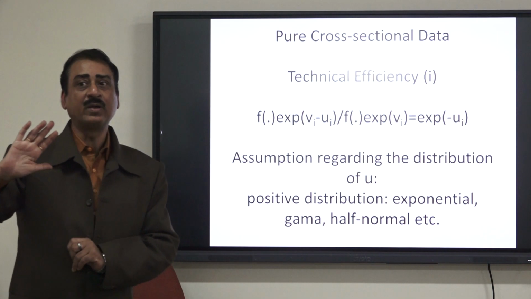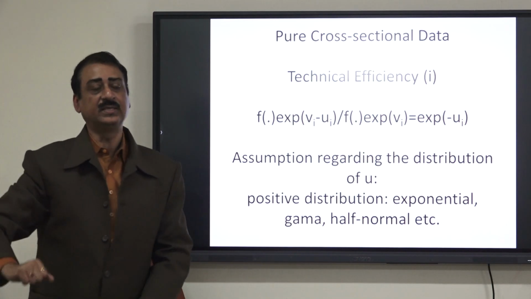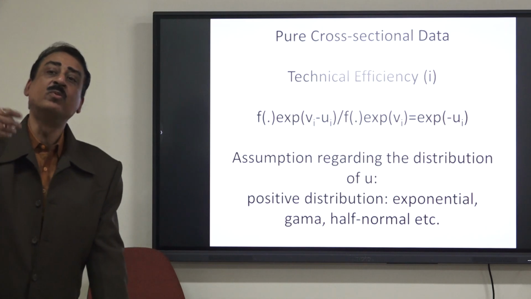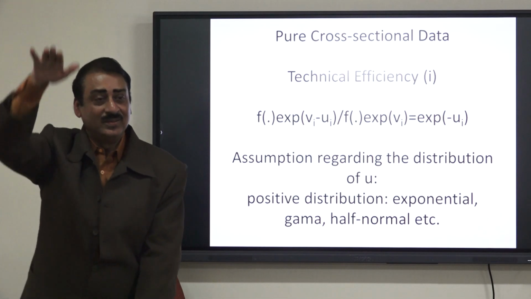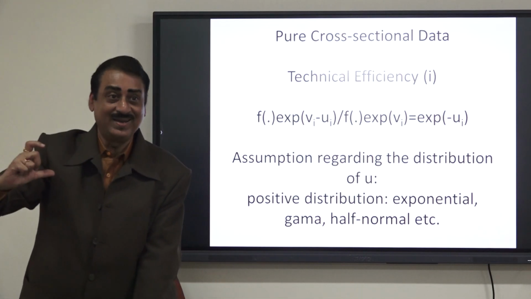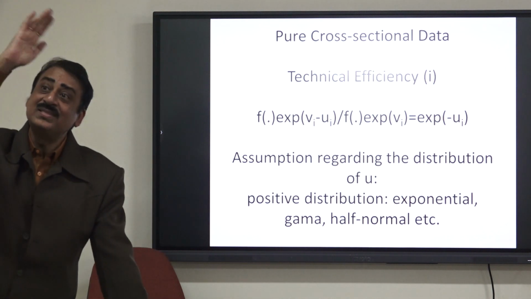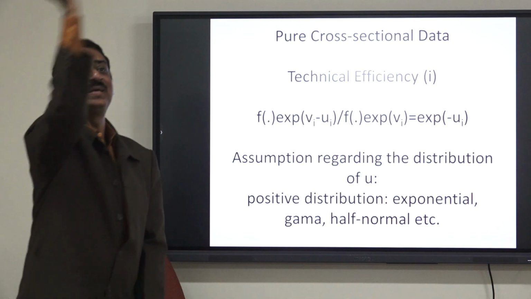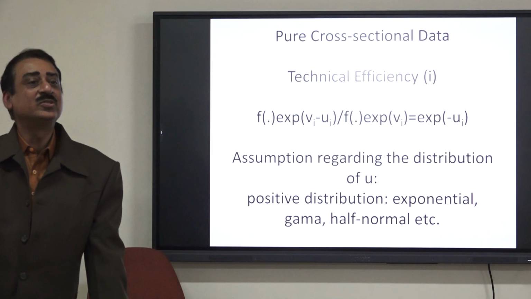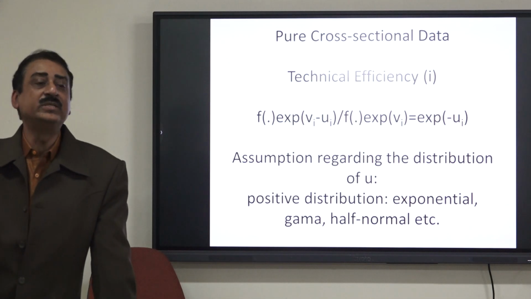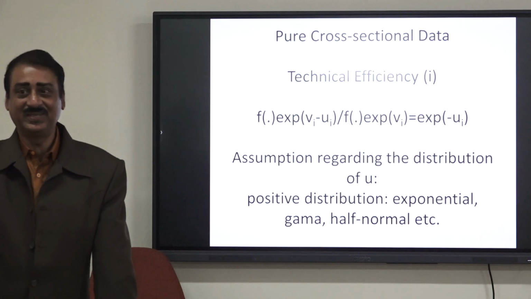We are trying to estimate the performance of each other, and our performance cannot be more than 100%. 100% is the cap. So how much below we are is the important question. So U will follow only a one-sided distribution. You cannot be greater than 100. You will always be less than 100.